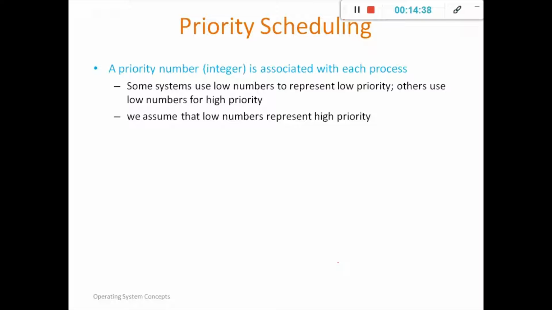Some systems make use of lower numbers to represent low priority, whereas some other operating systems make use of lower numbers to represent high priority. So it is up to the operating system to fix the priority.